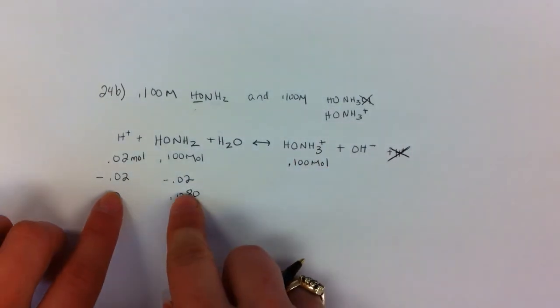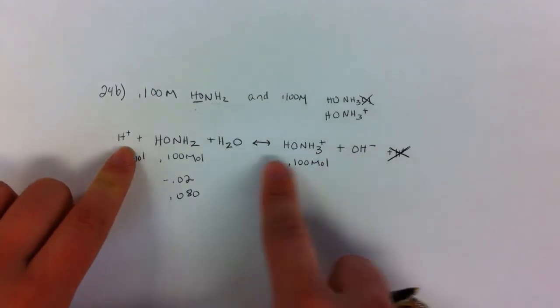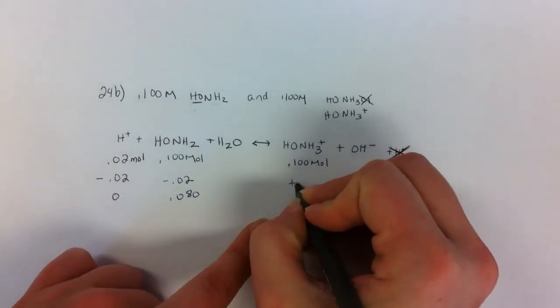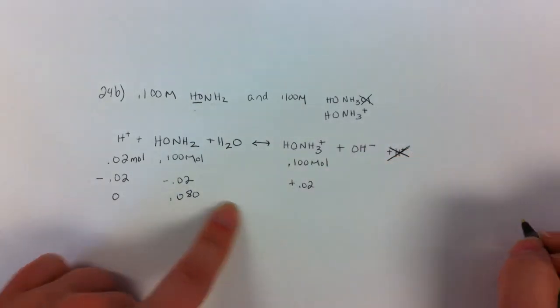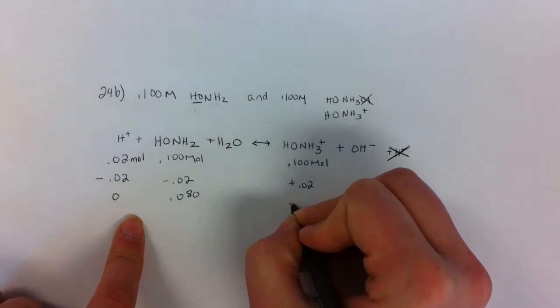Now let's think, where is it going to add to? Is it going to make any OH? No, it's going to make more of this ion. So it's going to be 0.02. Okay, and that's going to make this 0.12.